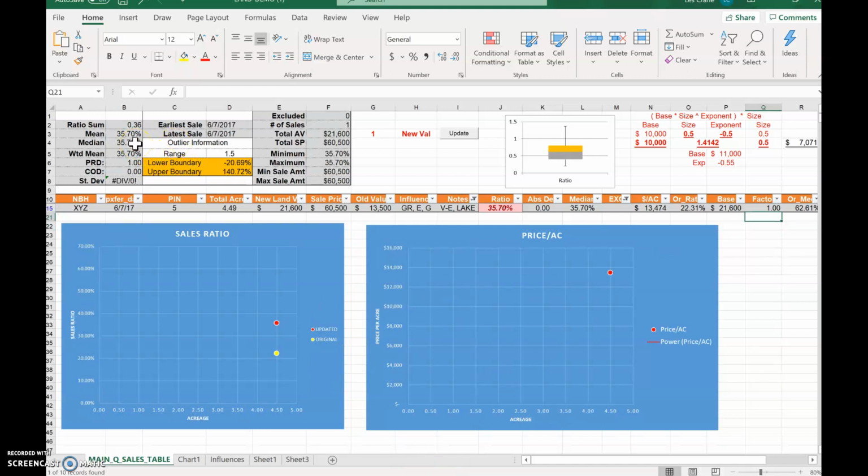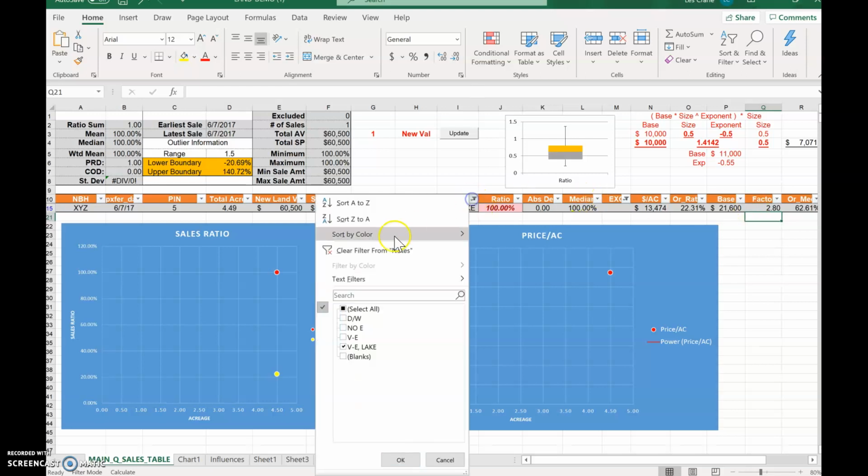So we are way low on that. So if we take the inverse of that, that gives us a value of 2.8. So if we change our factor to 2.8, that gives us right on the money, right at 100%. So keep in mind that factor of 2.8 also includes the 100% view factor. So if we subtract that, that leaves us with an 80% factor for the lake value.